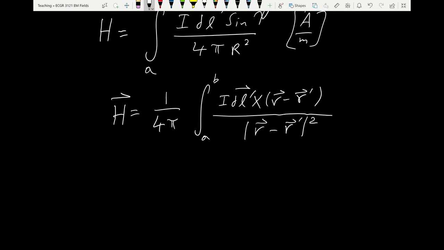But I want to use this just to indicate the direction to the point in space where I'm calculating H. I'm not interested in the magnitude of this, so I need to normalize it. That's why I put cubed here. One of those magnitudes goes to normalize this vector, so that I can get H in a direction that's normal to R capital and dl.